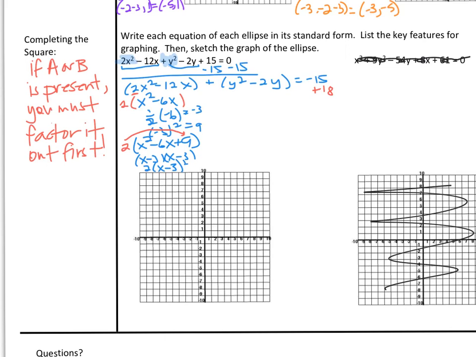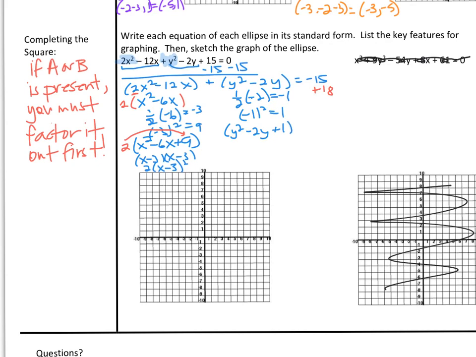Okay, the y squared should go a little bit faster. There's no number in front of y squared to factor out, so we can just go ahead and do half of -2, and we get -1. -1 squared is +1. And we can go ahead and add that right on into the inside. Y squared minus 2y plus 1.